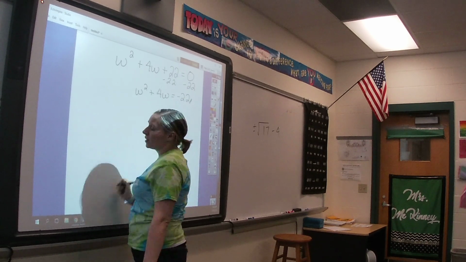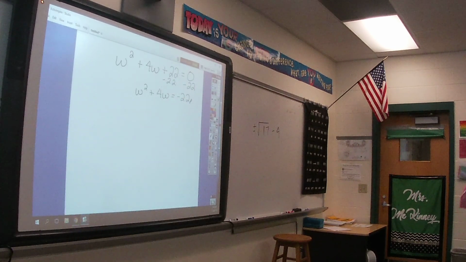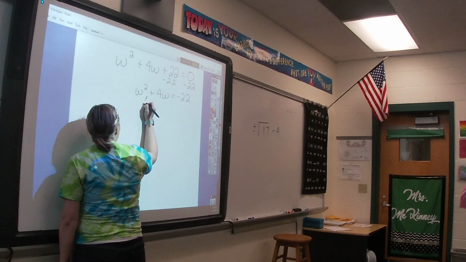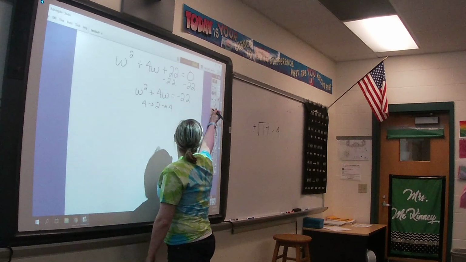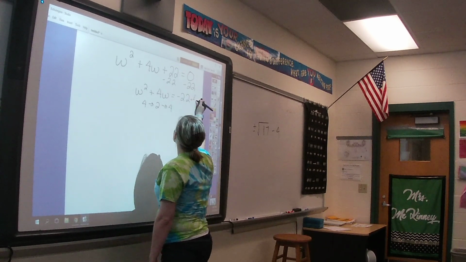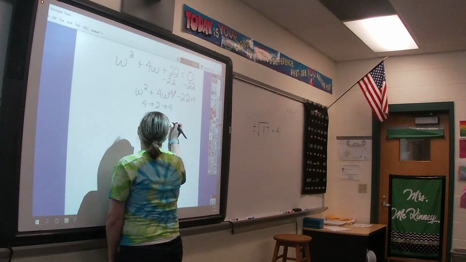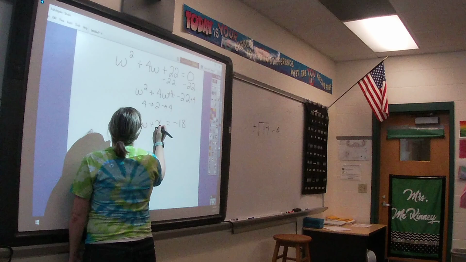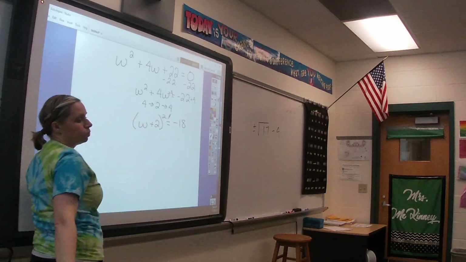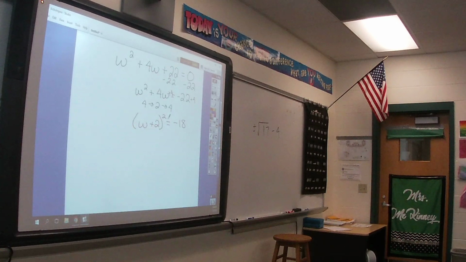Hopefully at this point we know the steps for completing the square. So what does b equal? 4. Half of it is 2, squared is 4. So I'm going to add that 4 to each side. Then I'm going to square root.